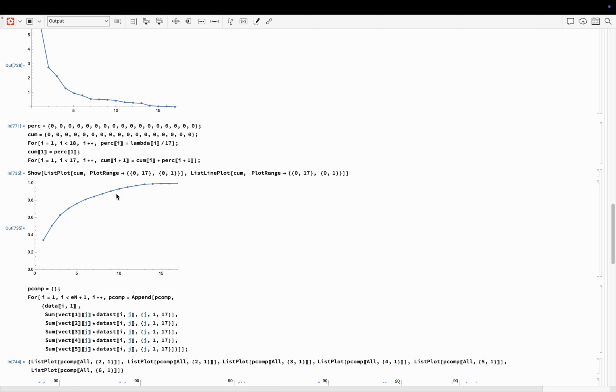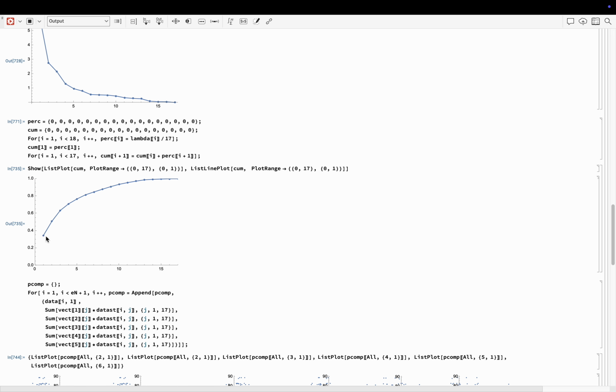The same when we look at the cumulative percentage of total variance that the components contain. The first component contains a little bit less than 0.5, or 0.4, of the whole variance, and then 1, 2, 3, 4, 5, 6.